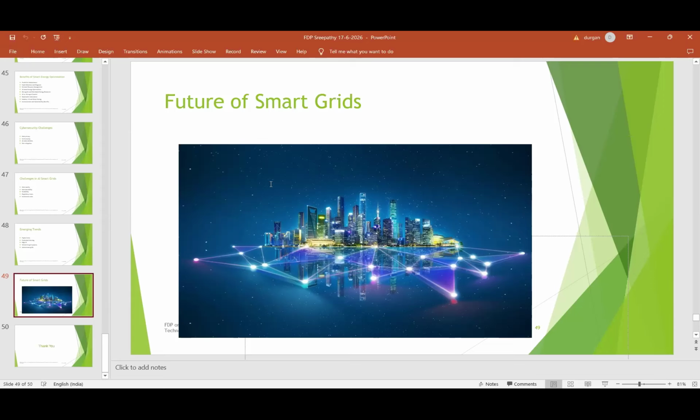So by integrating all these technologies, we will have sustainable automation and highly efficient power grids, capable of sustainability and of large scale renewable energy resource systems for our future. Okay.